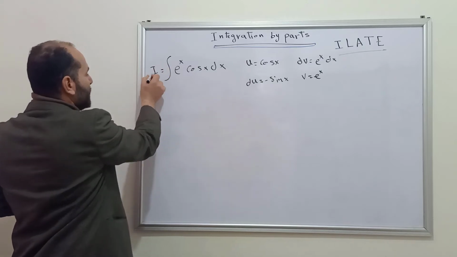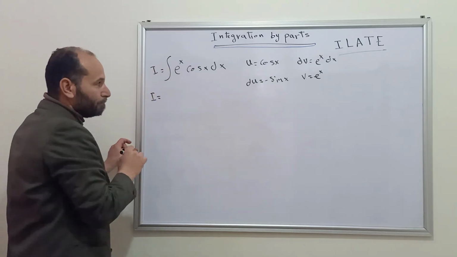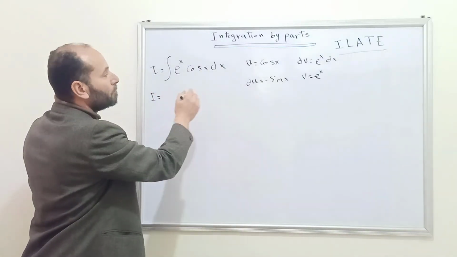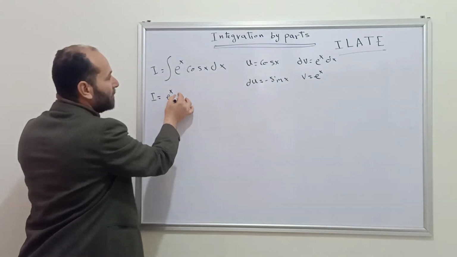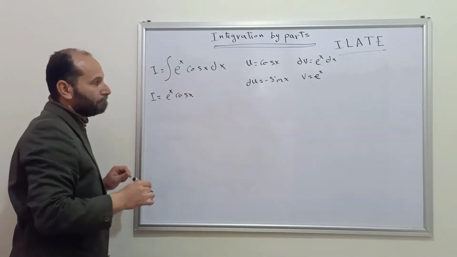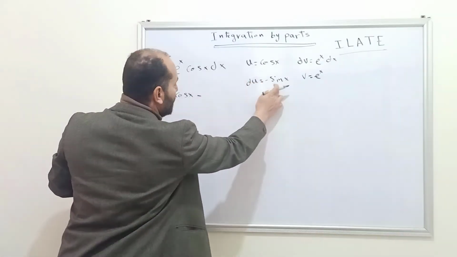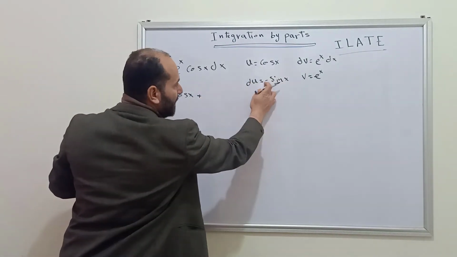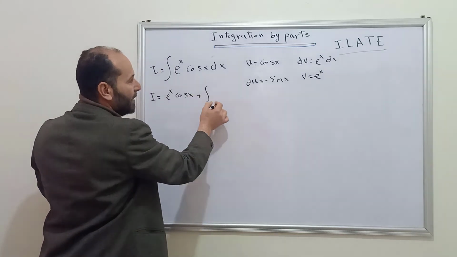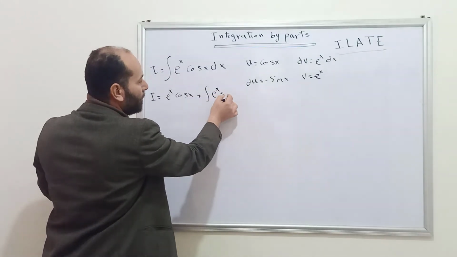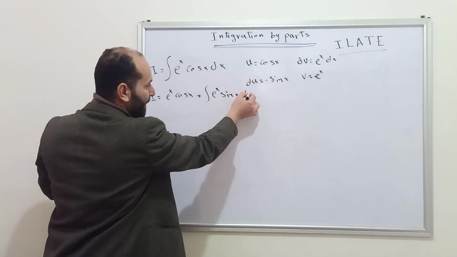So this integration equals uv, e power x cosine x, minus integration v du, so plus here, negative times negative equal positive, integration e power x sine x dx.